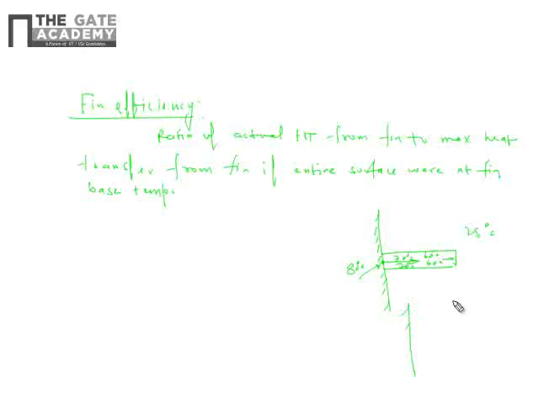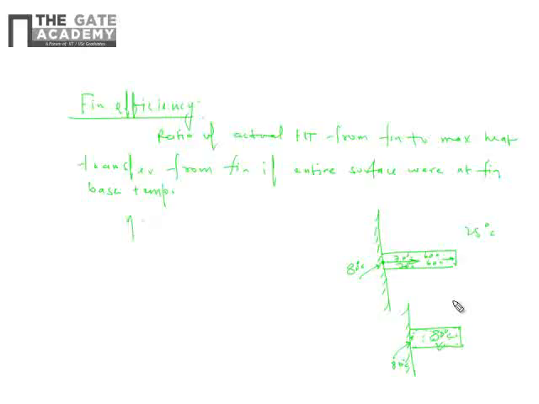But if we want to get the maximum amount of heat transfer from a fin, the ideal condition should be that all the fin surface should have a uniform temperature, let us say 80 degrees centigrade at all the surface. In this case, the heat transfer from the surface will be maximum.